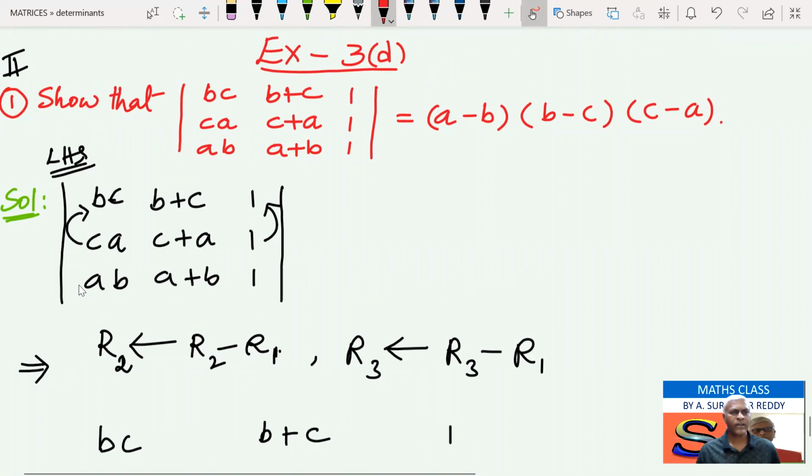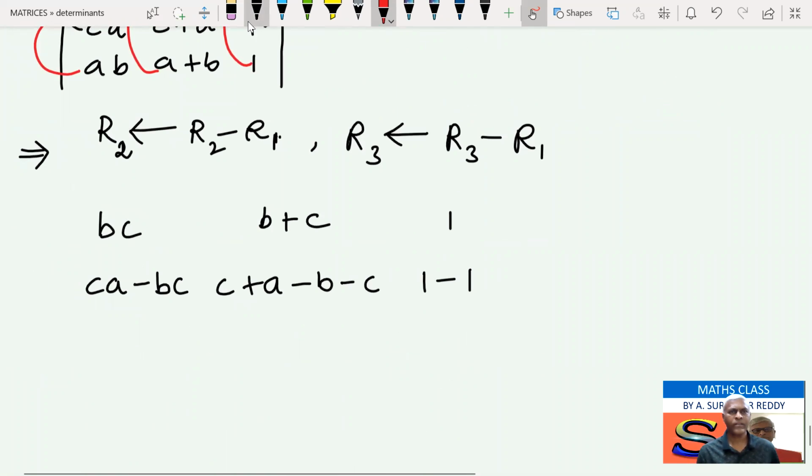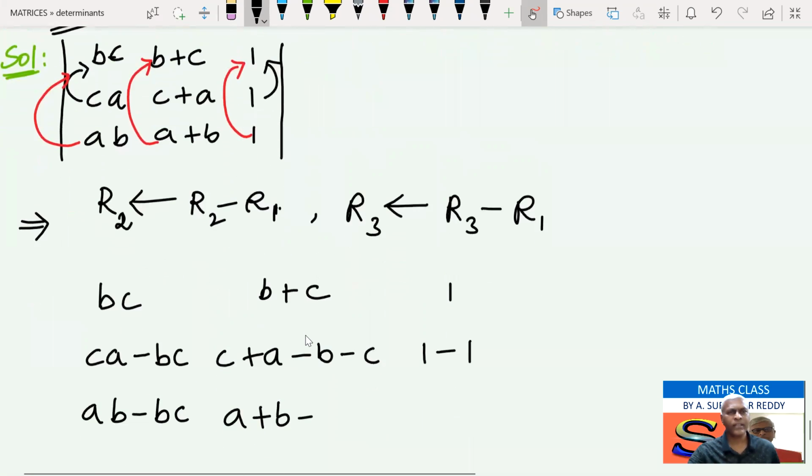So R3 minus R1: AB minus BC. A plus B minus (B plus C), that is minus B minus C, and 1 minus 1 in the third element.